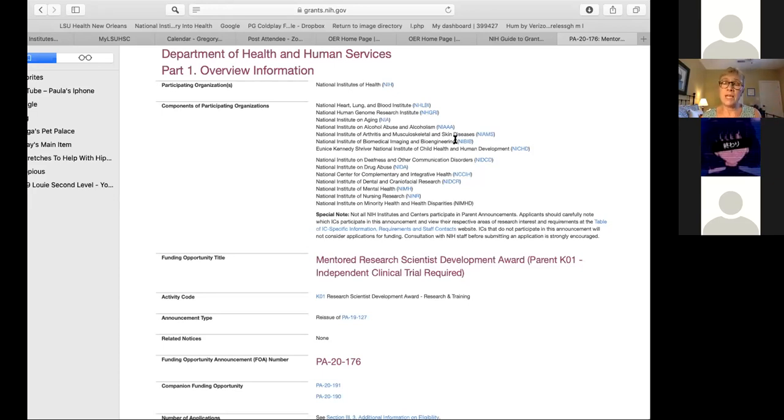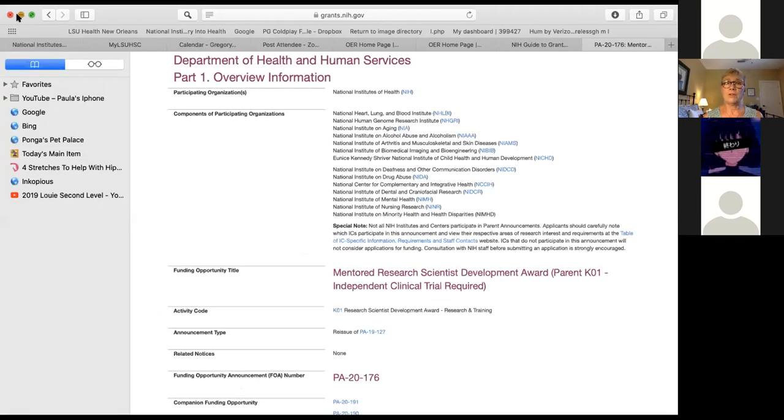And I said, well, can't we see if there's somebody who's funded by this institute to do this kind of technique, who you could maybe approach as a mentor? Oh, that's a good idea. So be sure you use all the tools at your disposal for your search.